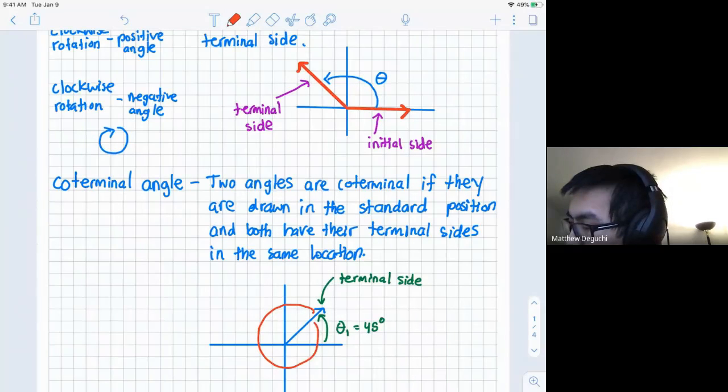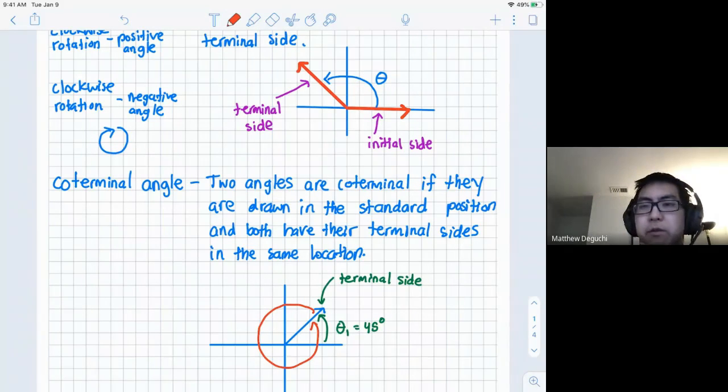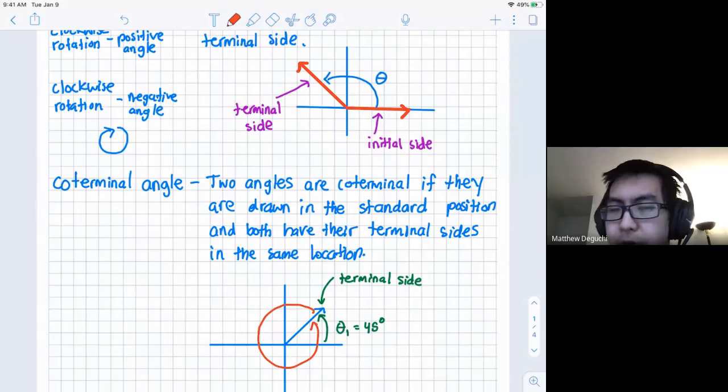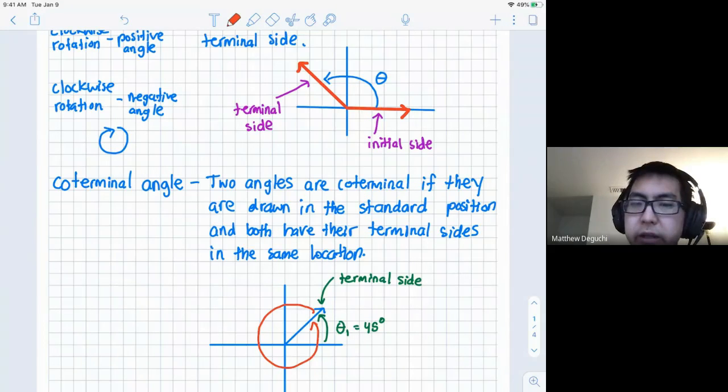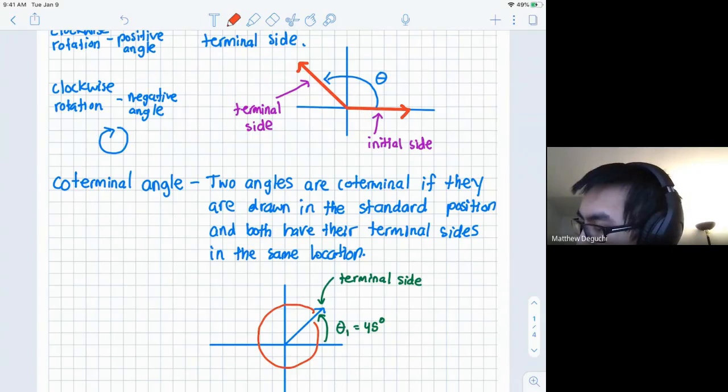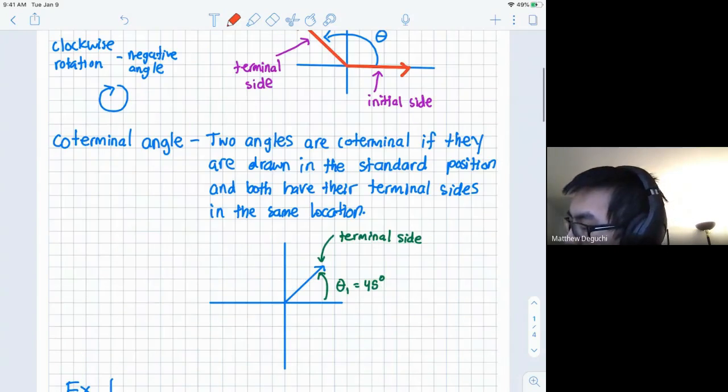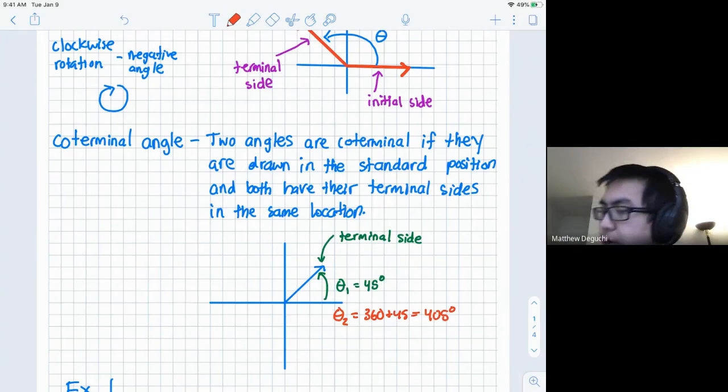So if you added 360 on top of 45 degrees, wouldn't that get you back to that same terminal side? And you would. So another coterminal angle could be 360 plus 45 degrees, which means a total of 405 degrees would be a coterminal angle.